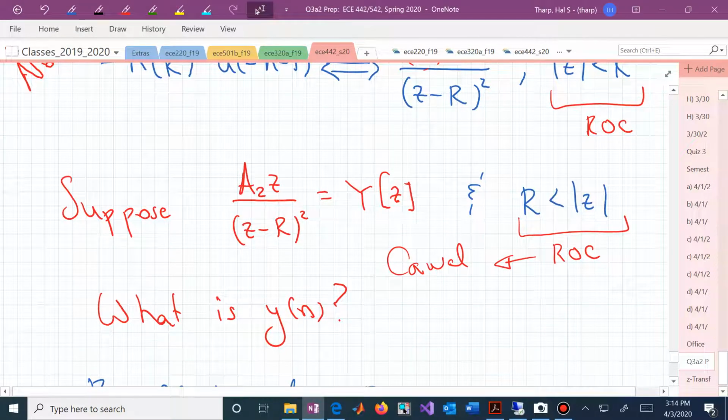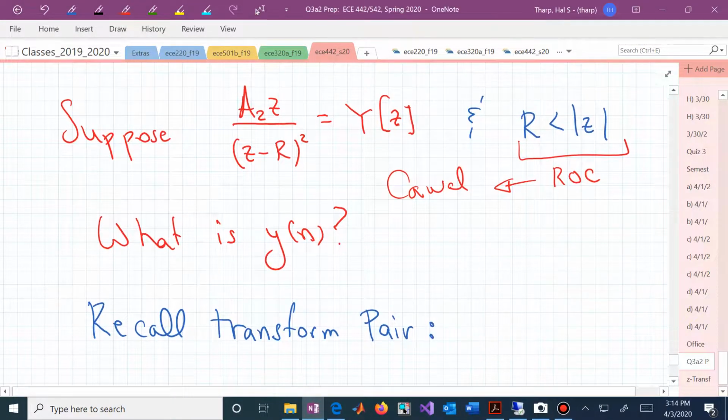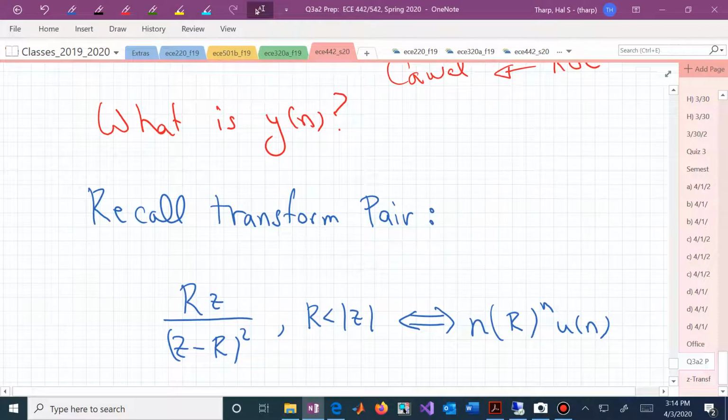And what is little y of n? What's that sequence? Recall the transform pair. The transform pair had an rz over z minus r quantity squared. Here we have a 1 and there's a 1. If somebody made this a 6, this would be a 6.